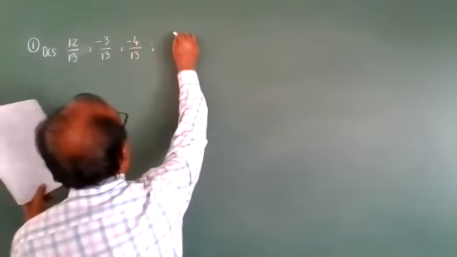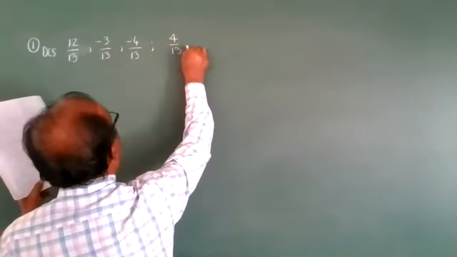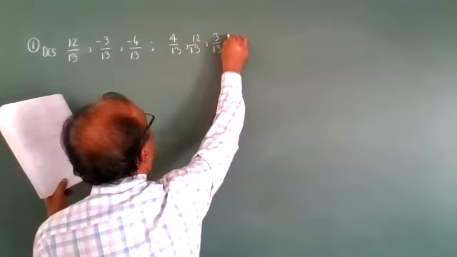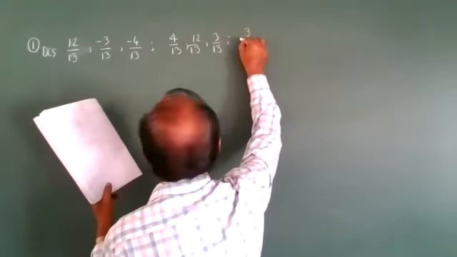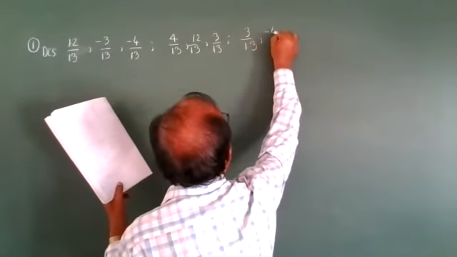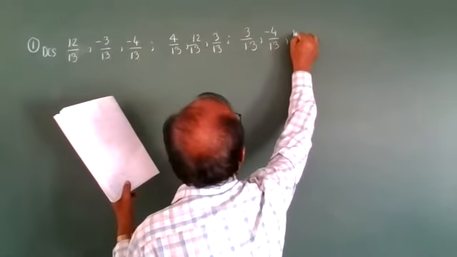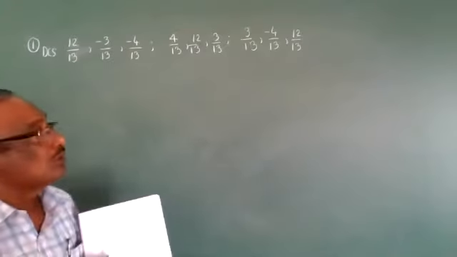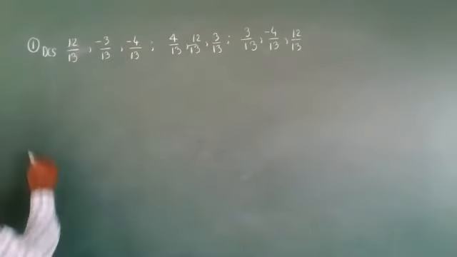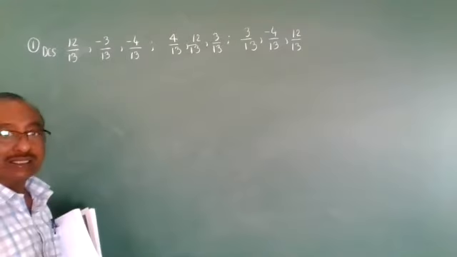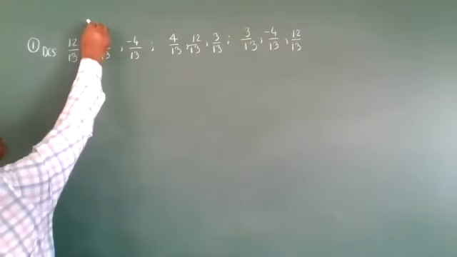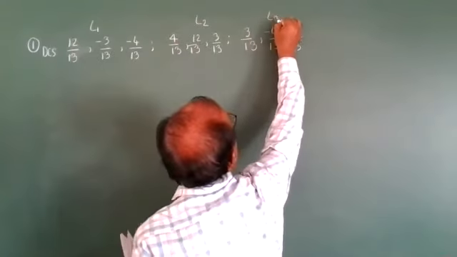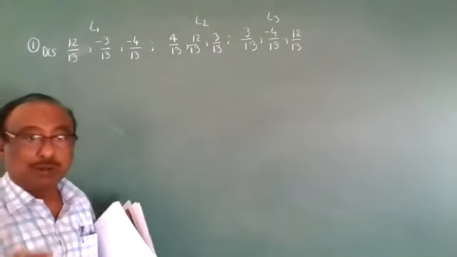The second line DCs are 4 by 13, 12 by 13, 3 by 13, and the third line DCs are 3 by 13, minus 4 by 13 and 12 by 13. We are going to show that these three lines are mutually perpendicular.